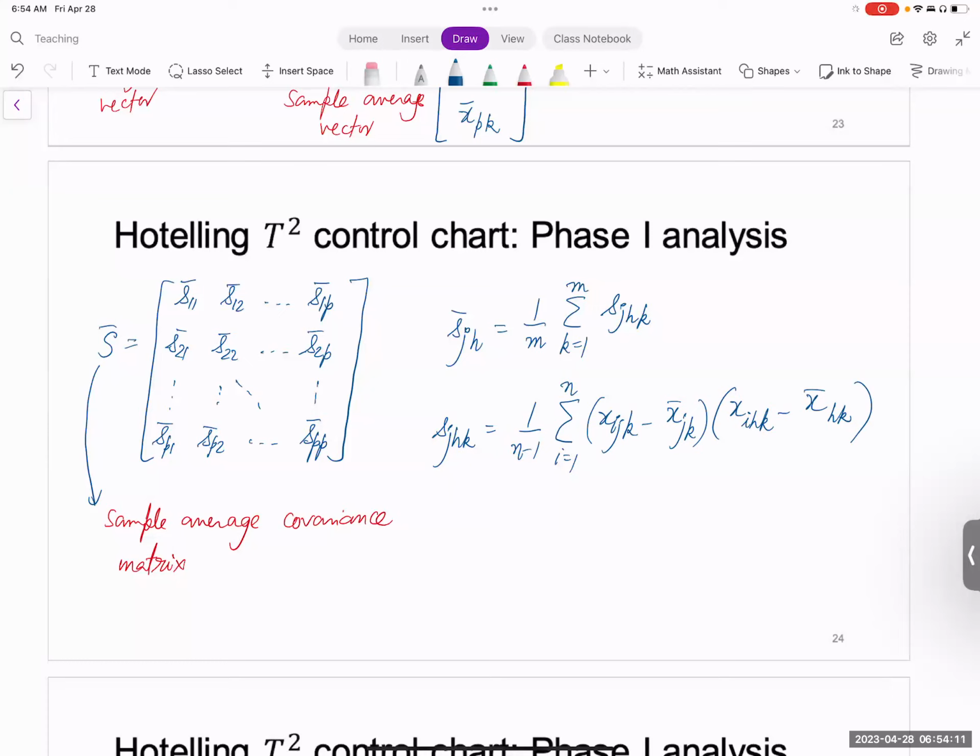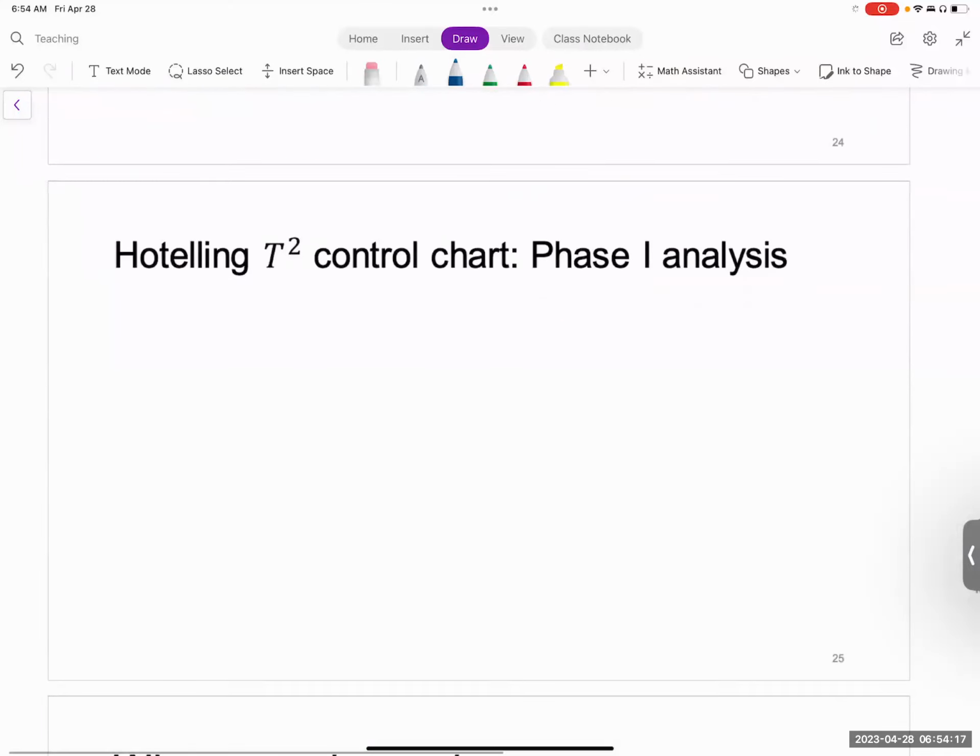And let's actually do an example right now to understand how to use all of these in a problem. Before that, let's see how we can compute our T-square statistic first. So the T-square statistic for every sample k is equal to n times (x̄_k minus x double bar) transpose S̄ inverse (x̄_k minus x double bar).